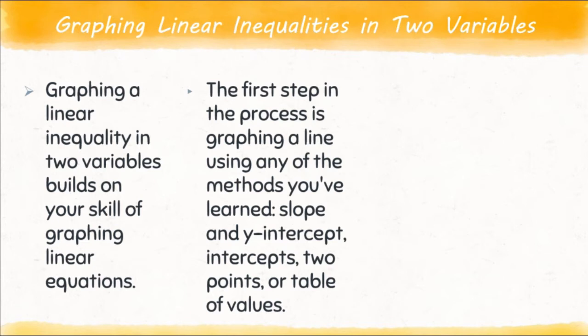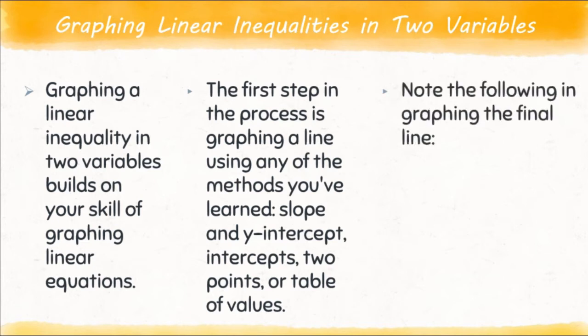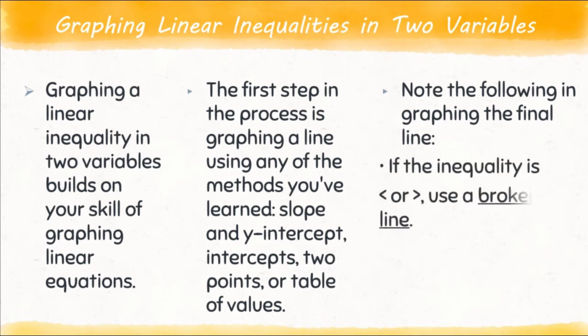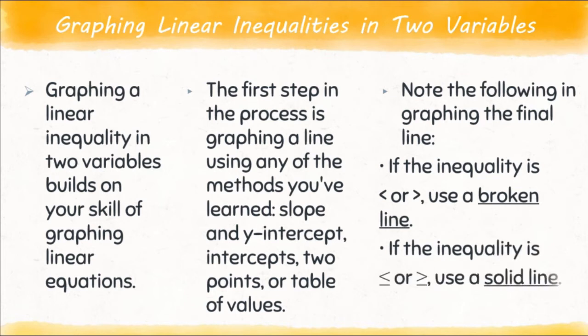Note the following in graphing the line. If the inequality is less than or greater than, use a broken line. If the inequality is less than or equal to or greater than or equal to, use a solid line.